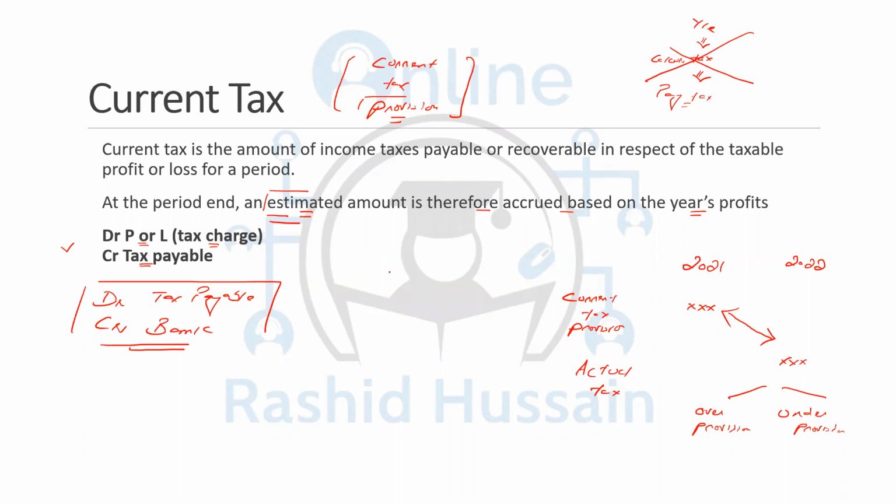Now, the point to be noticed is that this was the current tax provision which you calculated over here. And when we say the estimated one, that simply means this is your accounting estimate. Judgments are involved when you are estimating the tax.